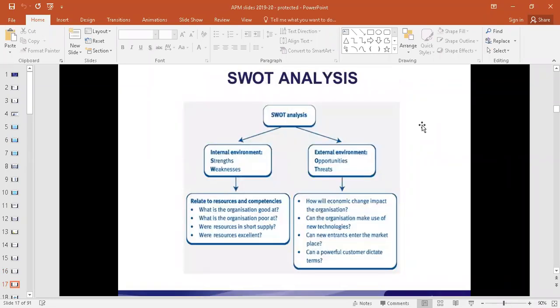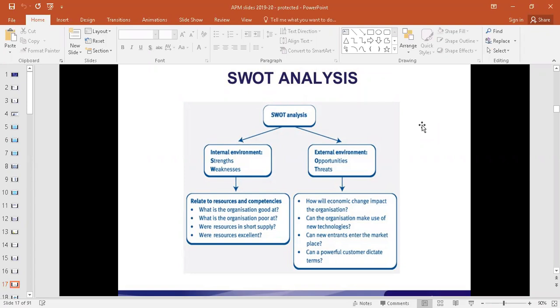Just now I was explaining to you about SWOT analysis: the internal environment, understanding the strengths and weaknesses, and in the external environment, the opportunities and threats present to them have to be looked into. The internal strengths and weaknesses relate to resources and competencies. What are they good at? What are they not good at?